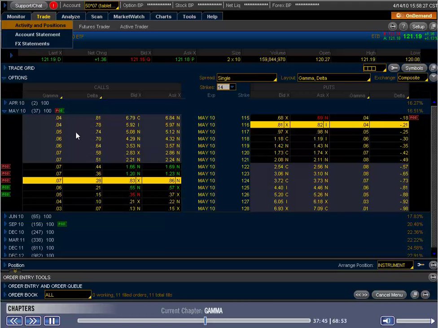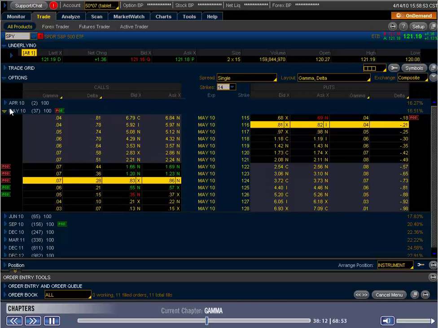If I go back to the Monitor tab, which I will in a second, you have to think that although Delta is the rate of change, Gamma is the speed at which that rate of change will start moving. So Gamma is really the acceleration of Delta. And this is going to be very fun to explain in a moment, because part of today's talk was Greeks and part of it was expiration trade logic.